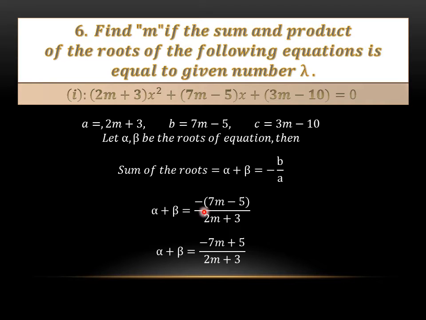Opening the bracket and multiplying the minus sign, we will get minus 7m plus 5 over 2m plus 3. From the question, we know that the sum of the roots will be equal to lambda. It means alpha plus beta should be equal to lambda. So I will replace alpha plus beta by lambda, and the fraction will remain the same.